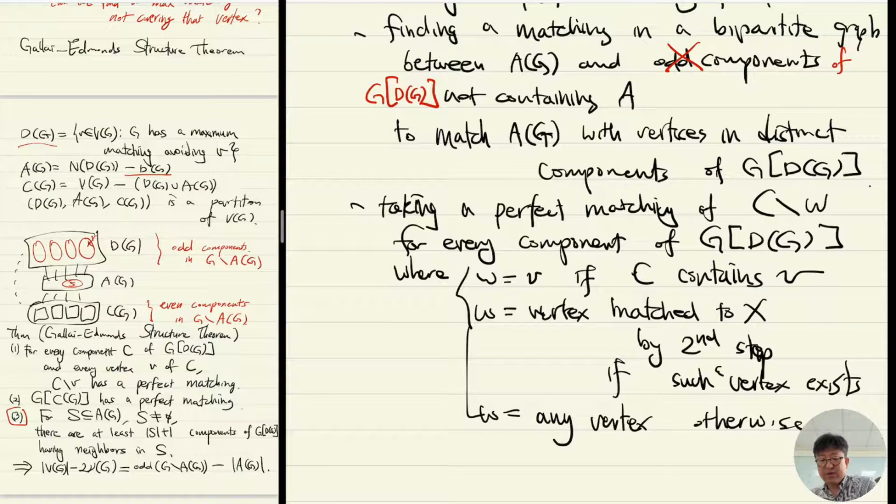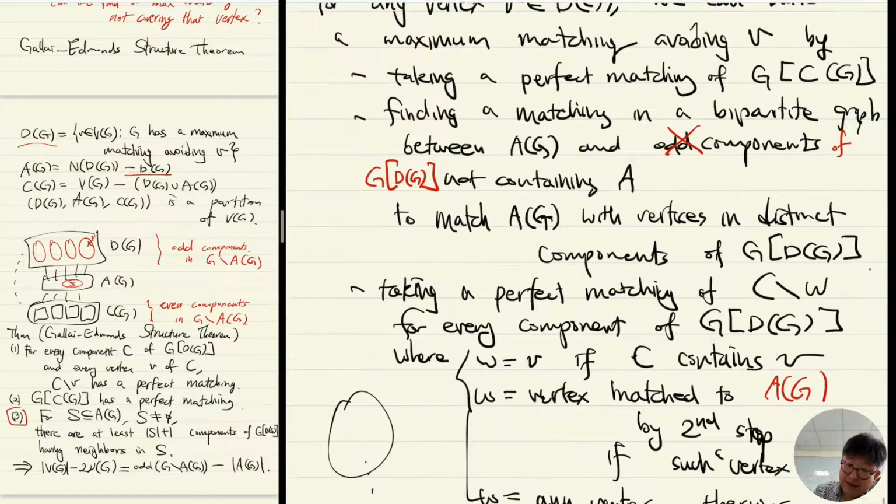Any vertex in the component. If this component doesn't contain V and if it's not matched to X, no, not X, it's A of G, right?